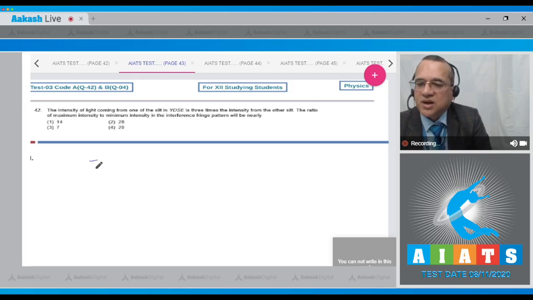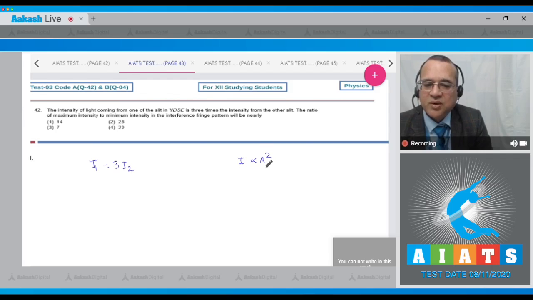Dear student, it is given that the intensity of one is 3 times the intensity of the other, and intensity is proportional to amplitude square. Therefore, I1 by I2 would be equal to (A1 by A2) square, or A1 is equal to root 3 of A2.